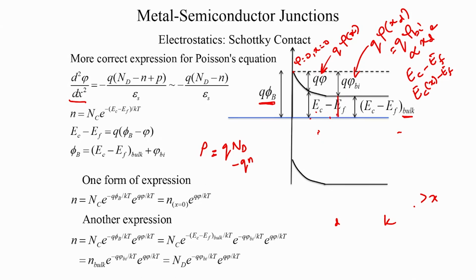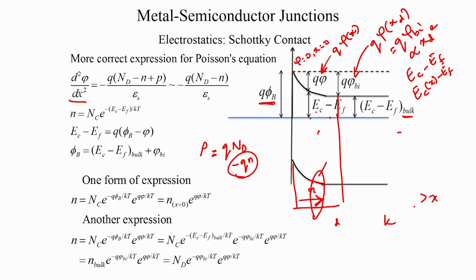Over here it might be a great assumption to make, but as you start approaching the bulk it is quite logical to expect that the number of electrons keeps increasing, and therefore, if you are trying to perform an analysis in this region it is definitely not advisable to get rid of the n term.